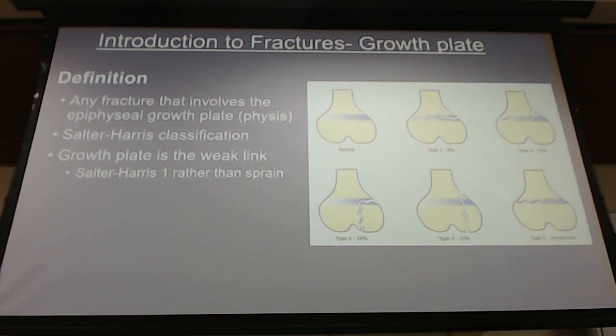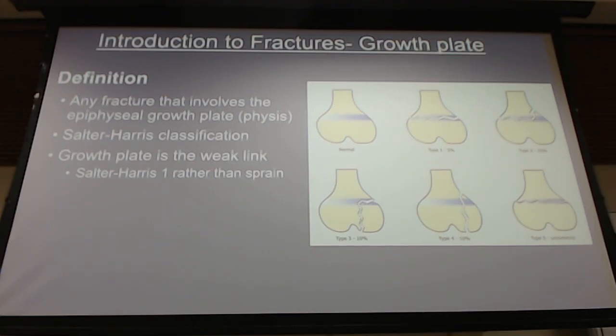Type 3 fractures go across the growth plate and into the epiphysis, or the distal part of the bone. Type 4 fractures go across the growth plate and through both the epiphysis and the metaphysis and diaphysis of the bone.